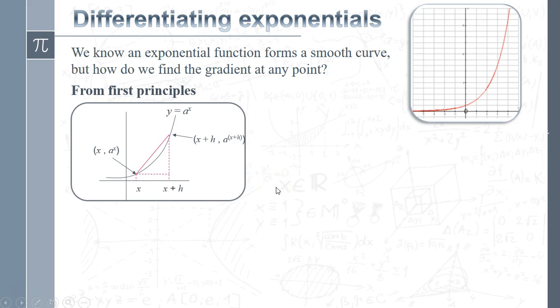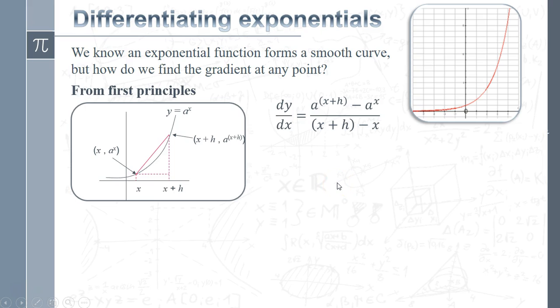Differentiating from first principles is basically rise over run. If you remember that structure, on the top we've got the rise, a to the power of x plus h, minus the y coordinate there, and on the bottom we've just got the distance between x and x plus h, which will just be h. So that's what we've got.